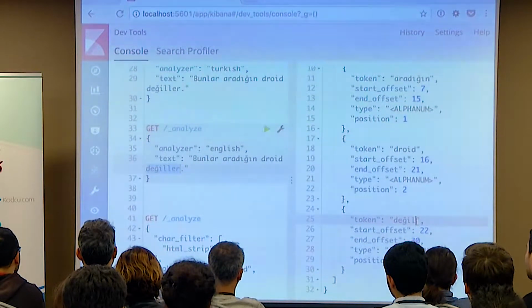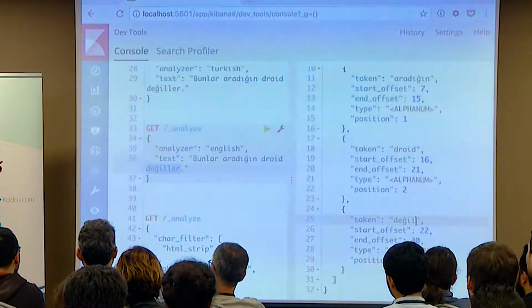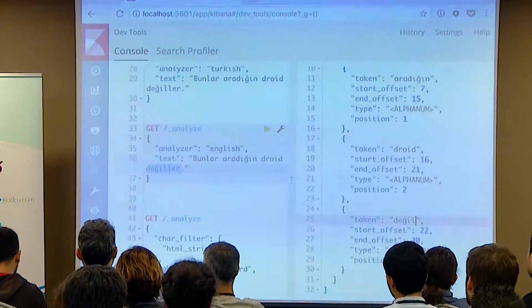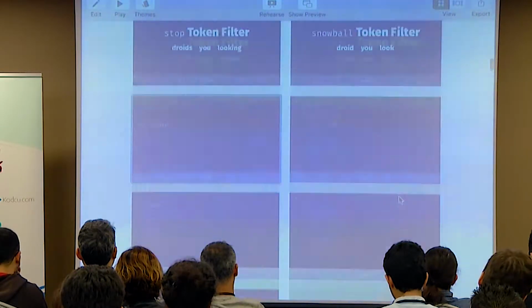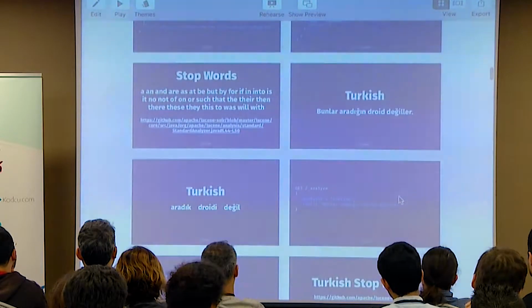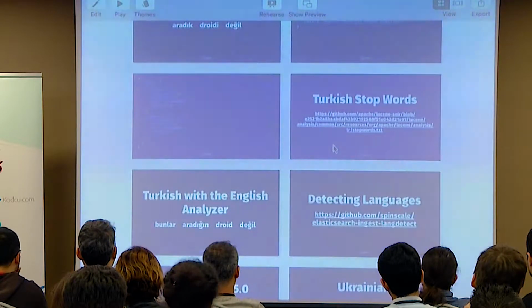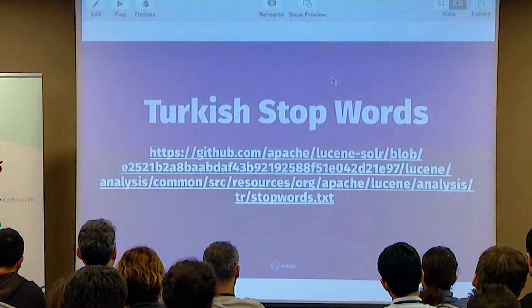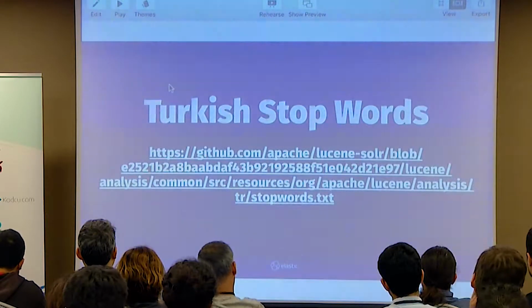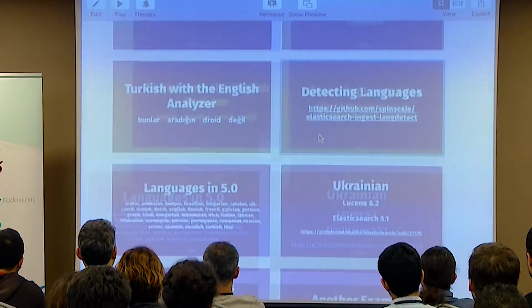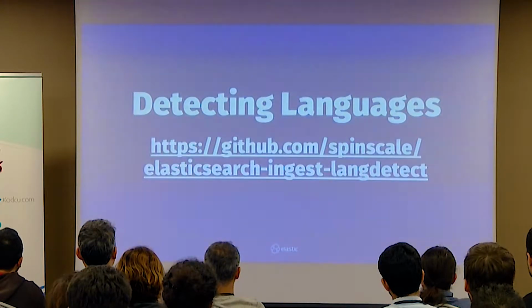So you really need to know which language your text is in, and how you need to analyze that. If you're interested in the Turkish stop word list, it is hidden deep down in Apache Lucene, but you can find it if you're looking for it.